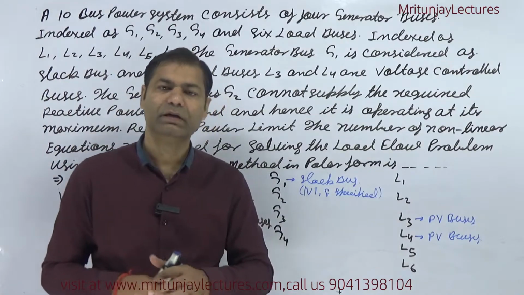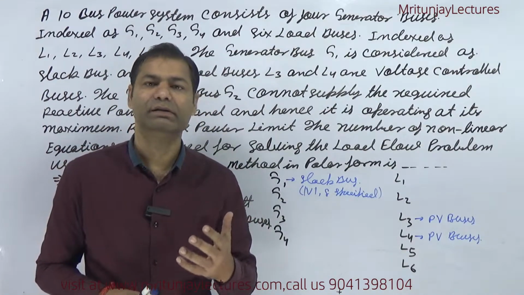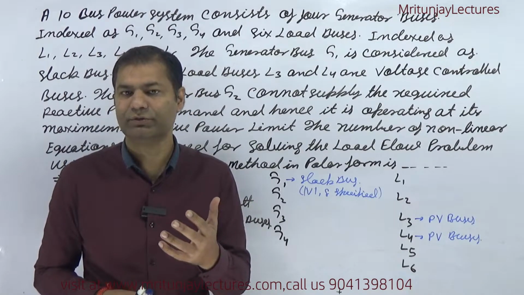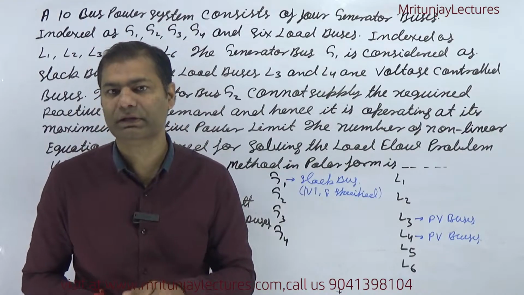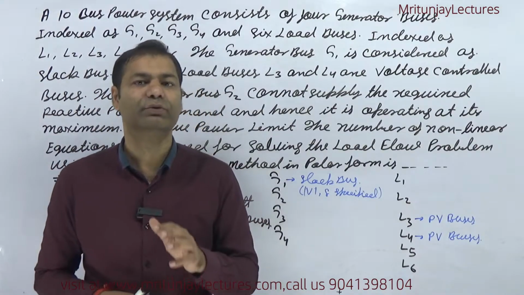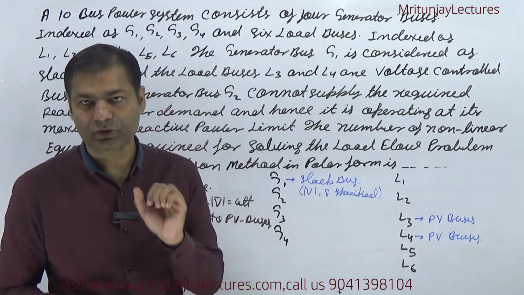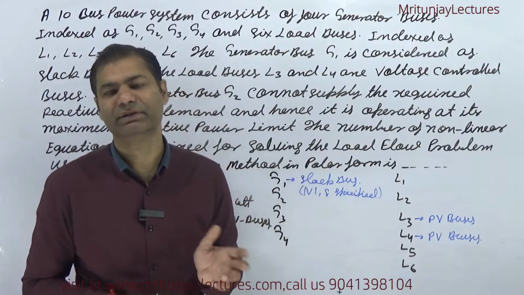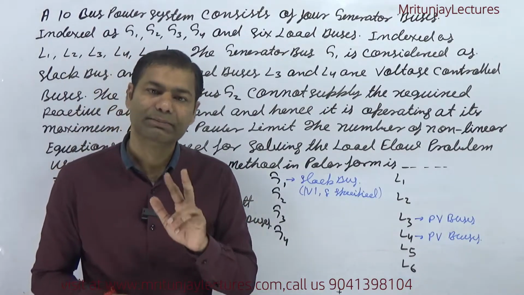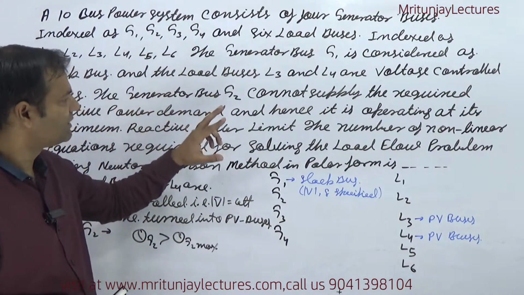If the requirement is 5 but we have provided the maximum limit of 4, then Q is not fulfilled. If Q is not fulfilled, V is not constant. If V is not constant, that bus turns into a PQ bus. The generator bus turns into a PQ bus.